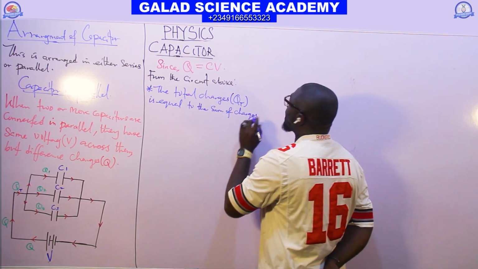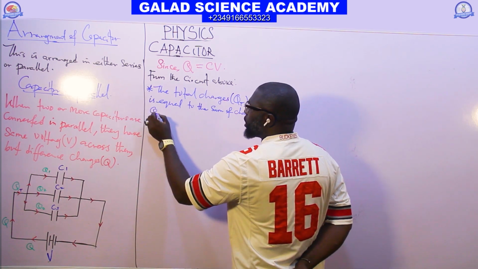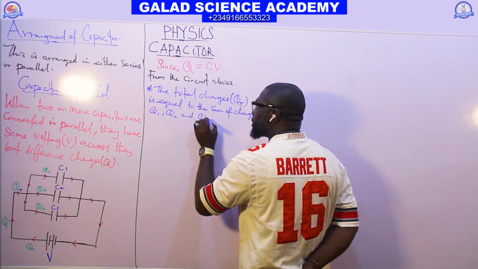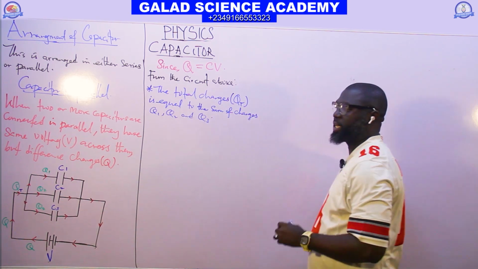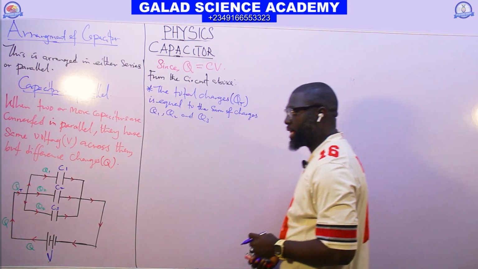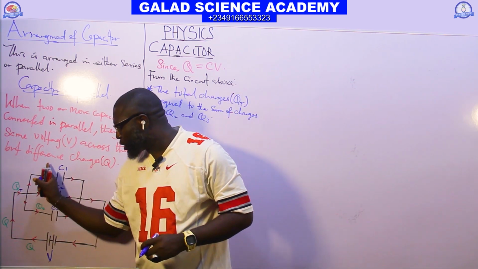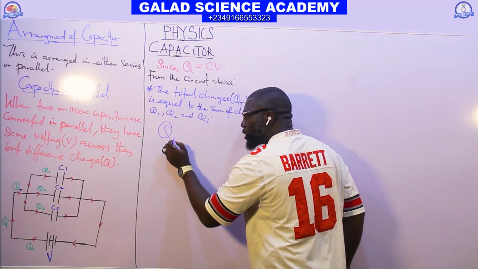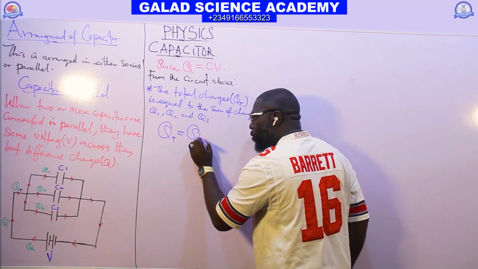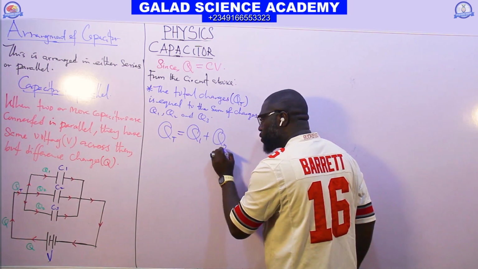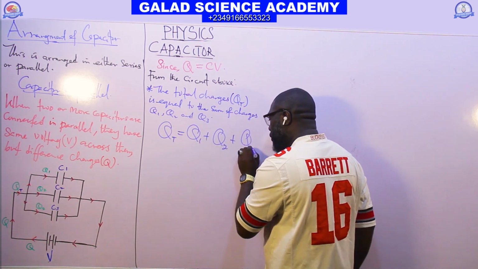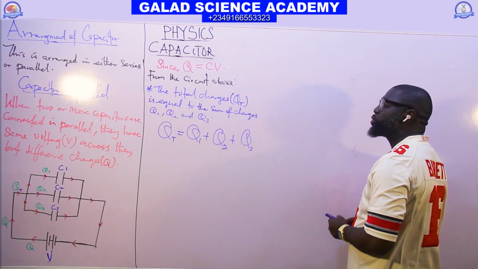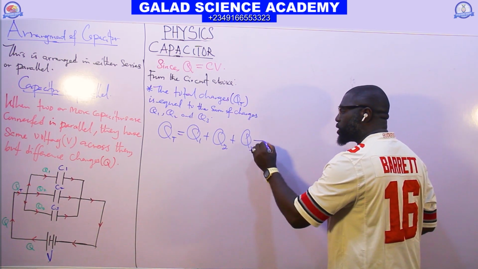What are the charges? Q1, Q2, and Q3. This Q total splits into Q1, Q2, Q3. Therefore Q total is equal to Q1 plus Q2 plus Q3. If we agree with this statement, we can call it equation 1.